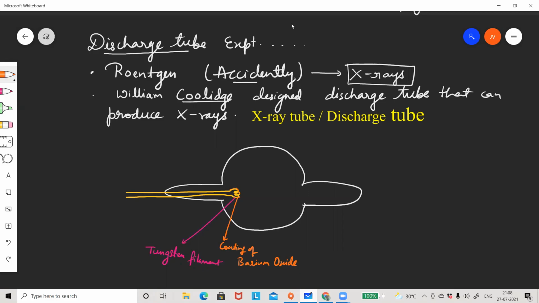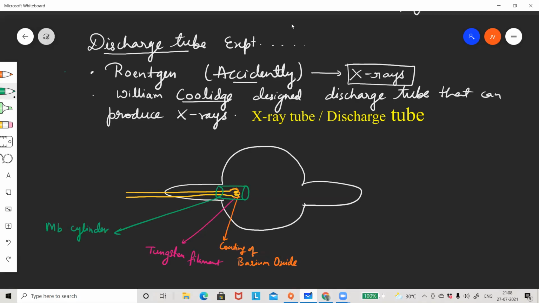And what is the purpose of the cathode? The purpose of the cathode is to produce cathode rays, meaning what? Electrons. Now we will see that these electrons which are produced at the tungsten filament will hit a metal plate. As a result, X-rays are generated. And this tungsten filament is placed inside a molybdenum cylinder.